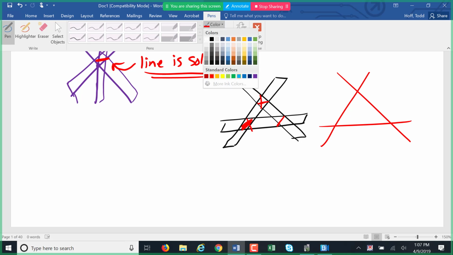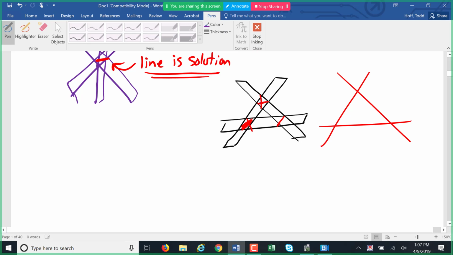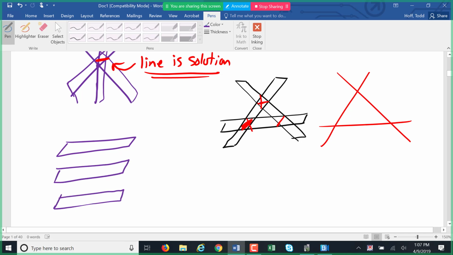Again, there's three separate lines of intersection. There's no single point that makes all three equations true. Or there could be no intersection at all, where all three planes are parallel to each other. So again, there'd be no solution.